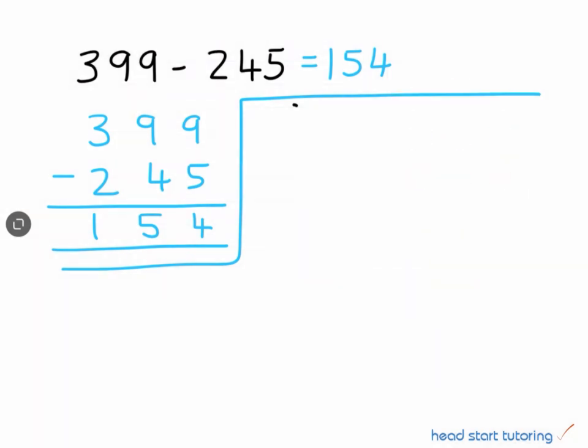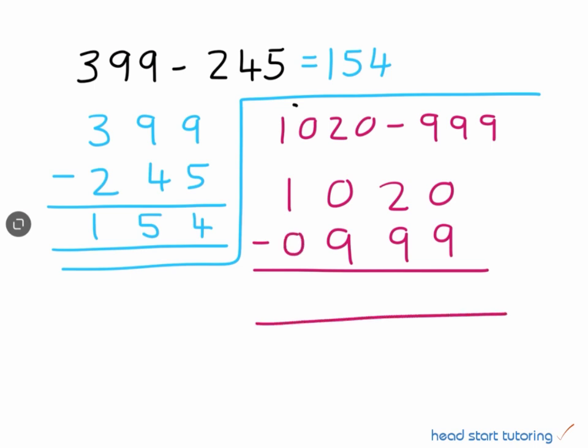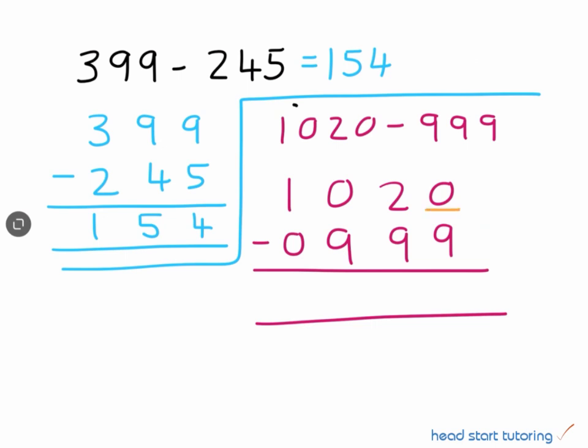Now, if we look at a slightly more complicated example, 1020 minus 999, we will now see that there's going to be a bit of a problem when we want to minus 9 from 0, because 0 is smaller than 9. So what we need to do is we need to borrow from our tens column. So we're going to minus 1 from 2, and we're going to be left with 1.